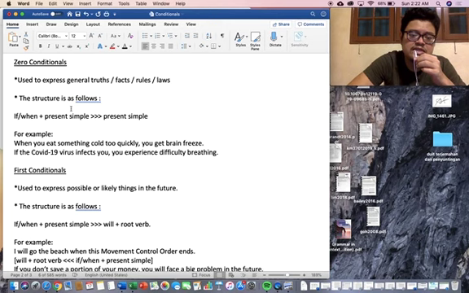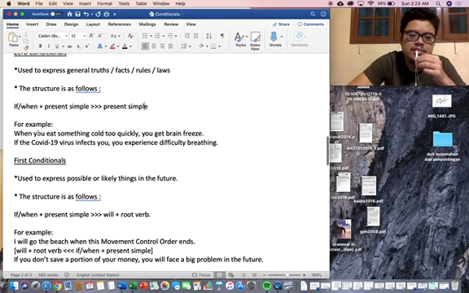So the structure is as follows: if or when plus present simple, and then the circumstances should be in the present simple, and the result should be put in the present simple as well. So this is an example: when you eat something cold too quickly, you look at the verb here, eat.